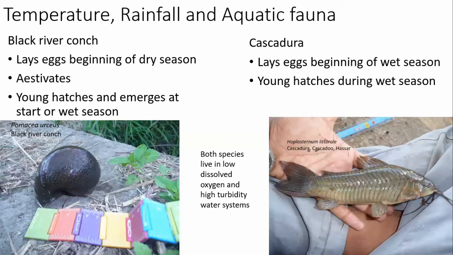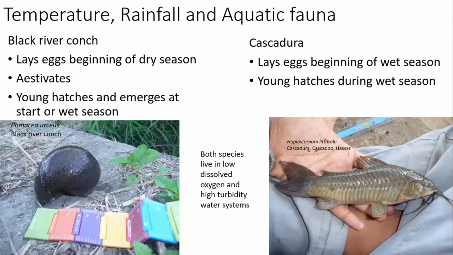I'll give 2 examples here, the black river conch and cascadua. Now, for most people living in Central and South Trinidad, at some point in time, you probably ate curry cascadua or curry conch. But this is why I think we need to have a management system for both of these species in particular.